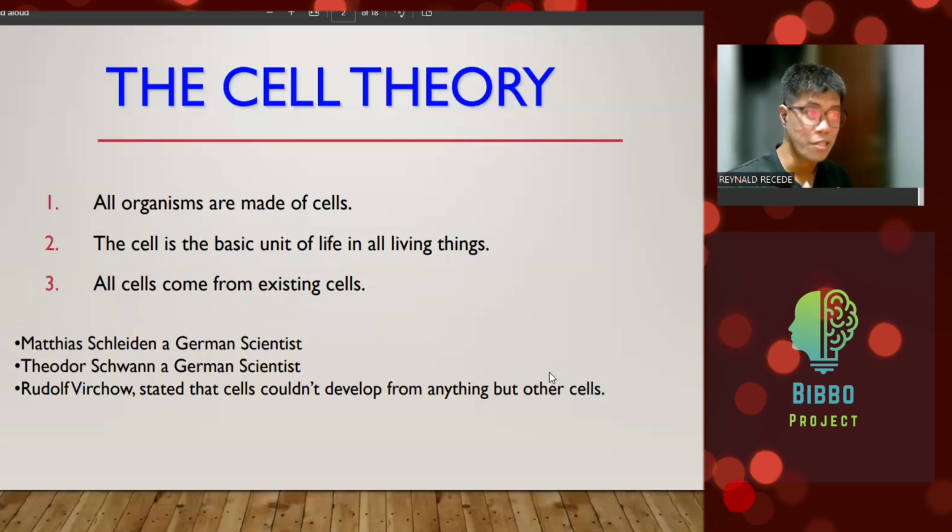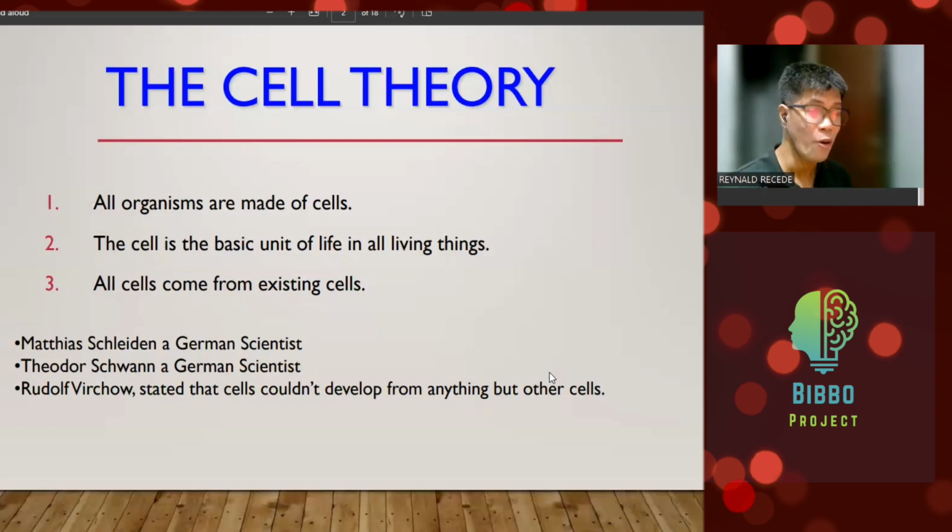That's why it's considered as the basic unit of all living things. And the third one, stated in the cell theory, sabi daw nila is that cells come from pre-existing cells. A cell cannot come from a non-cell. That's the third premise in the cell theory.